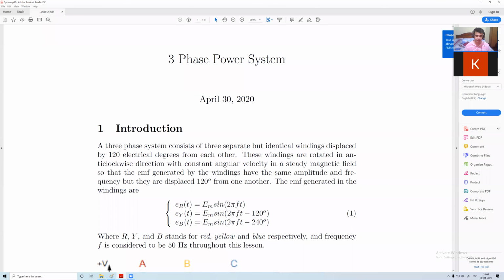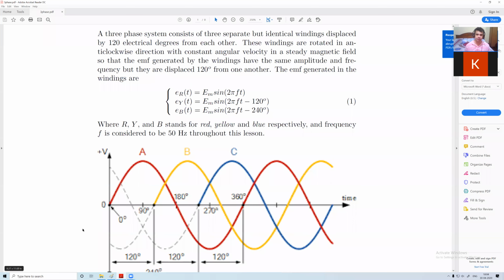So what is that? You can see here. There are three phases named after three colors: red, yellow, and blue. And each of them is 120-degree phase shifted as compared to the others. You see here, the red phase starts from 0. The yellow phase is 120-degree phase shifted as compared to the red one.